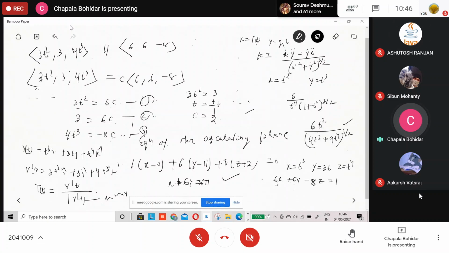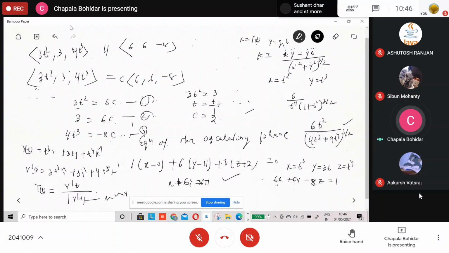Clear? All of it clear, how you solve this type of question? Read the question properly. It is given: at what point on the curve is the normal plane parallel to this plane? So first you have to find the unit tangent vector that is normal to the normal plane.